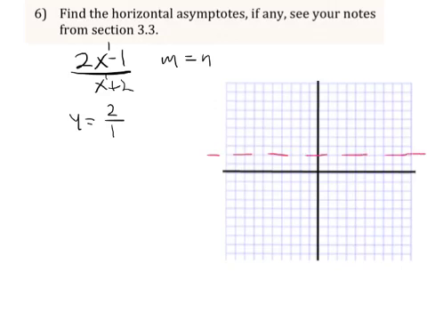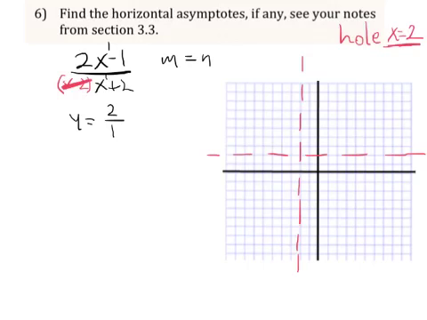We also found our vertical asymptote earlier at x equals negative 2. And then something worth noting is that there's going to be a hole at x equals 2, because we had that x minus 2 that used to exist but canceled out. That creates a hole, or an undefined value at x equals 2, just not an asymptote.